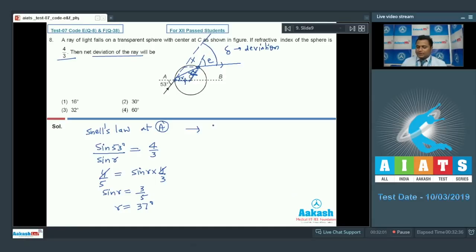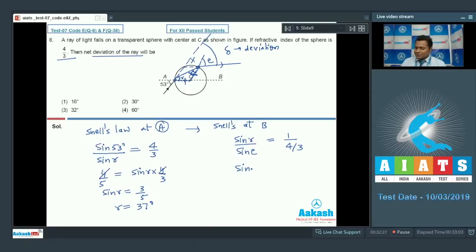Now let's go for Snell's law at B. If we apply the Snell's law at B, we have to write angle of incidence will become R now. So sine of R divided by sine of E equals refractive index of refracting medium, that is 1 upon incident medium, that is 4/3.